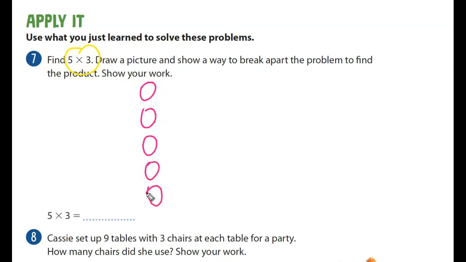The second number tells me how many in each group. So how many in each row? 3. So the 5 says that's how many rows I have, and the 3 says how many columns or how many in each row. I already have one of them right there. So I just need 2 more, right?